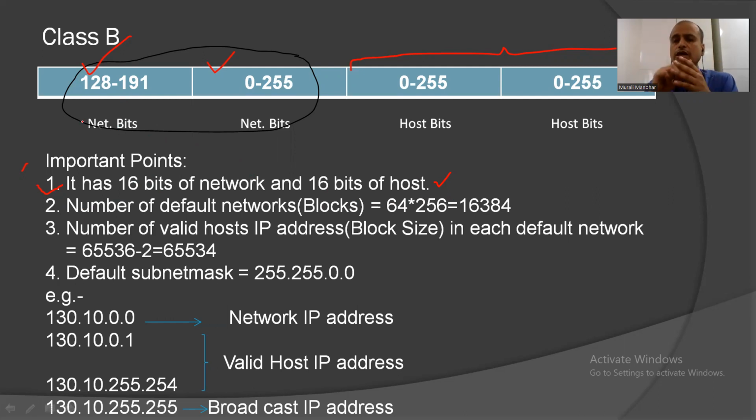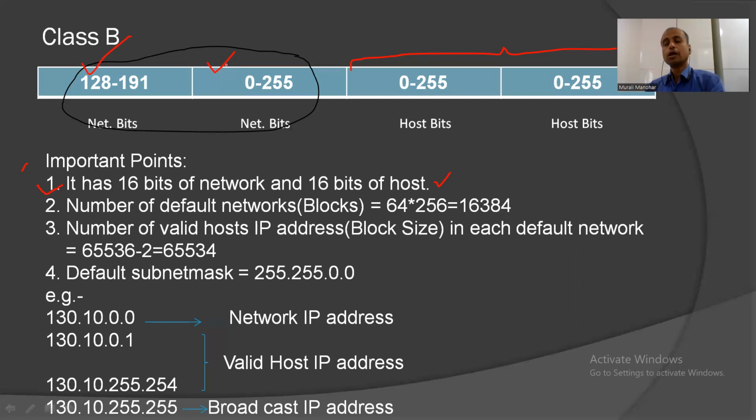If you just subtract 128 from 191, you will get 63. But what I have written is 128 to 191, so the total value is 64. From the first group, we can take 64 different values, but for each value, we can take a total of 256 different values from the second group.